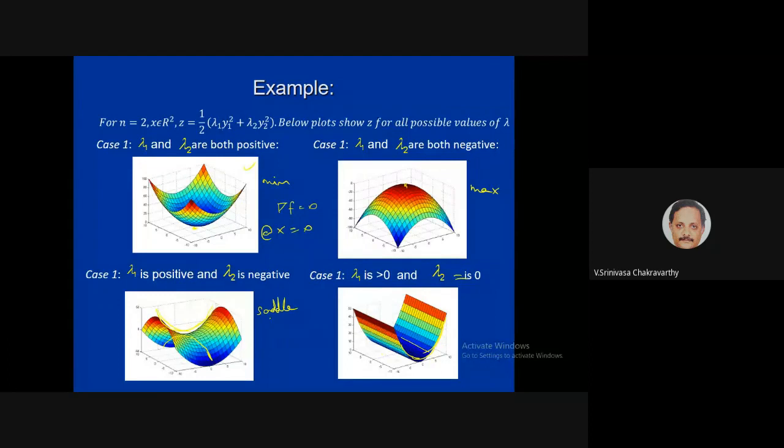And in the y1 direction, the curvature is upwards. So therefore, it looks like a canal, like folding a paper in one direction. This is the kind of shape you get in this case. So this will happen when the Hessian is singular, because some eigenvalue or eigenvalues are zero.